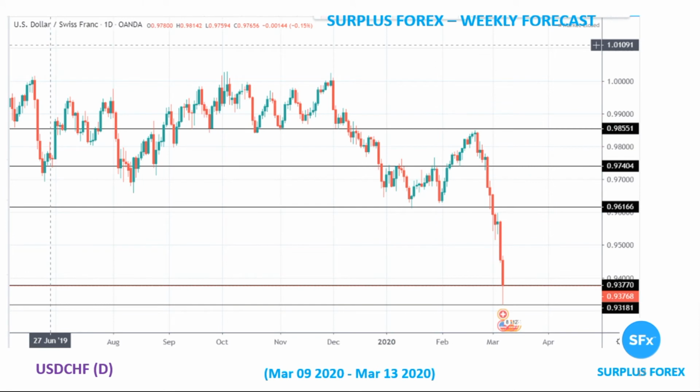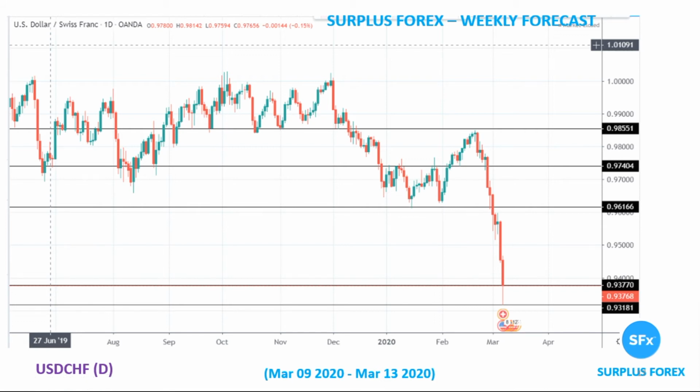On USD Swiss franc on a daily chart, we see that the US dollar took a big hit against the Swiss franc as well. If you see clearly, it started close to 97 and dropped to currently sitting at 93.76. It has crossed all previous supports.